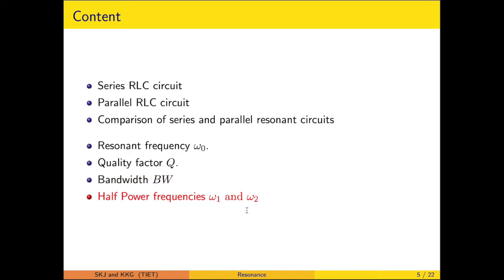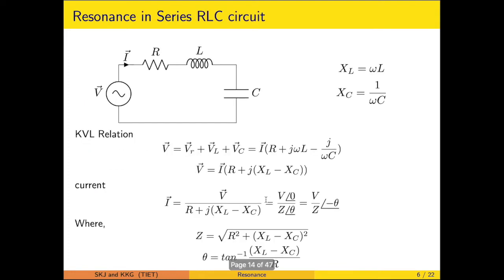Bandwidth comes out to be ω2 minus ω1. There is a relation between the half power frequency and the bandwidth, and we will see how these parameters are interrelated.